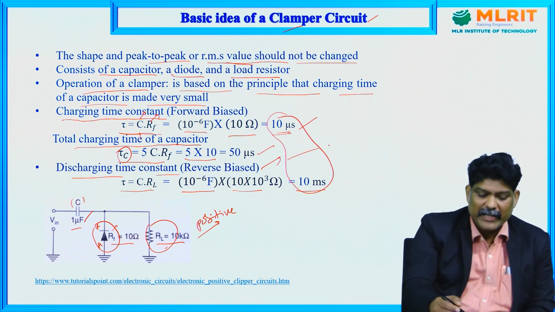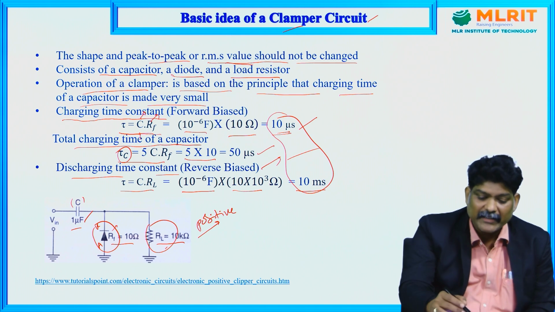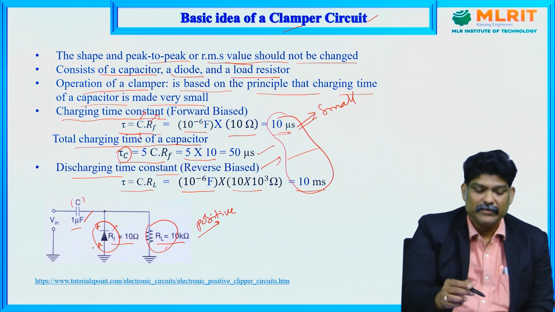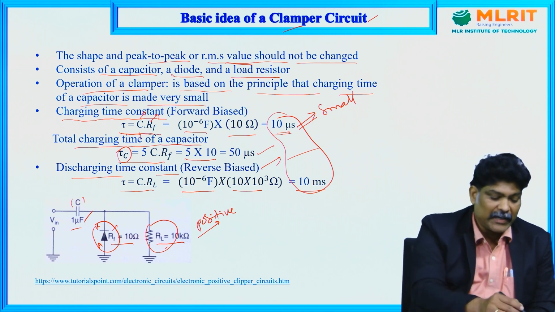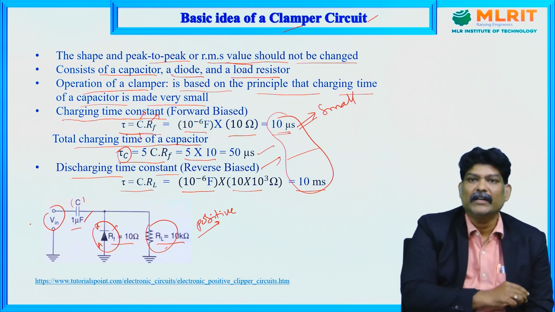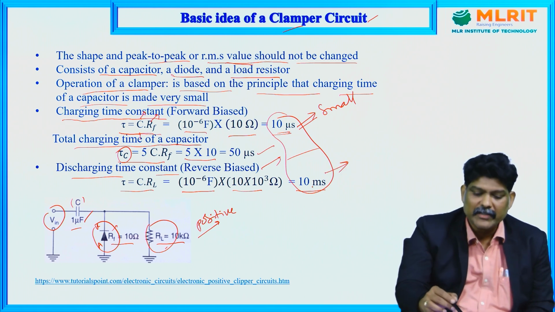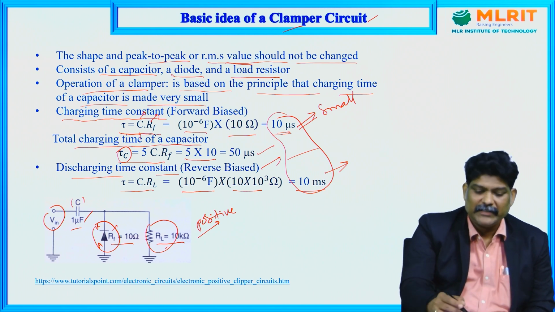So the 10 microsecond charging time is small. The moment you apply the input signal, the capacitor charges up to the maximum value of the input, and the discharging time is 10 millisecond, which is large compared to the charging time.